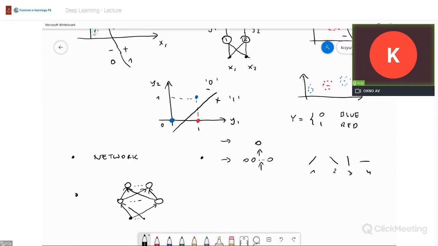So basically, the architecture can be summarized using such a drawing, and I can say that I have a layered structure. I have a first layer of neurons. I have a second layer of neurons, and for now we just have 2 layers.